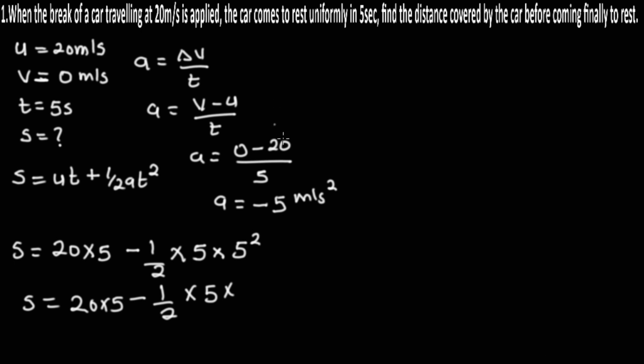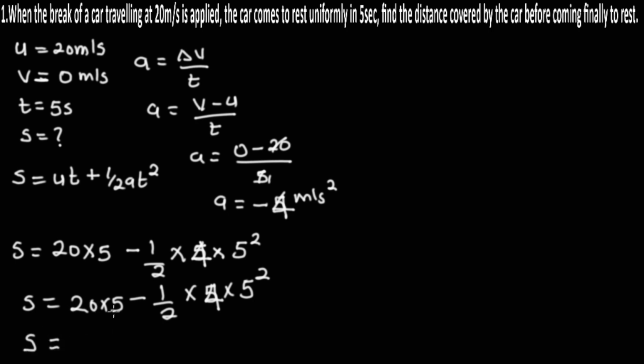I mean to say the acceleration is 4 meters per second squared, not 5. 20 divided by 5 is 4. So acceleration here is 4. Please, let's take note of this correction. Acceleration is 4 meters per second squared times 5 squared.